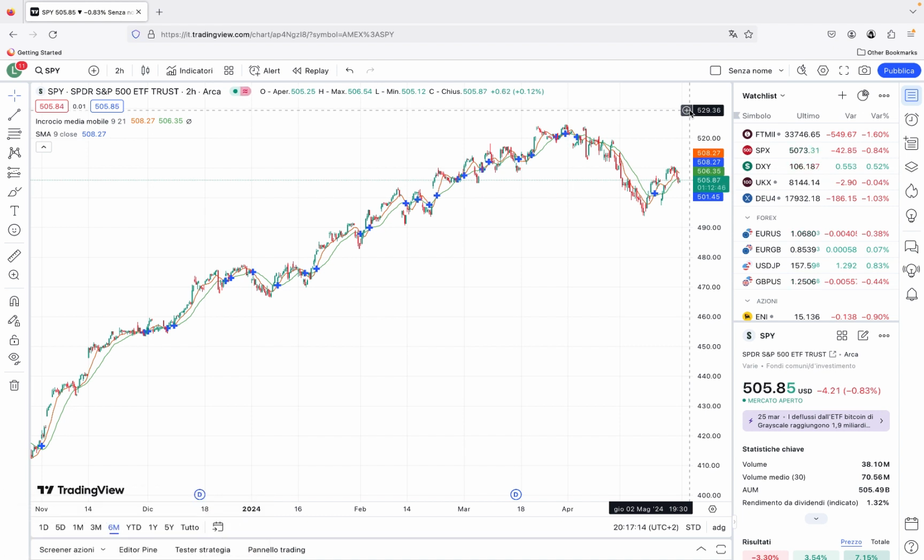Just to make an example. So I, as a call option buyer, pay a price. I have the right, but not the obligation, to buy, in this case, 100 SPY ETF shares at this price, $530, within an expiration date. So within, in this example, 60 days.